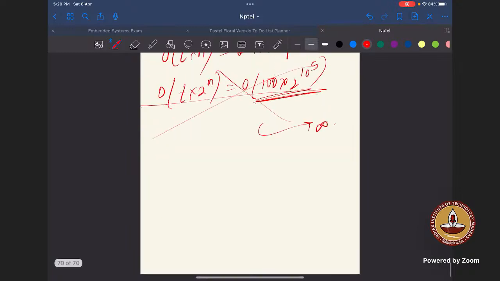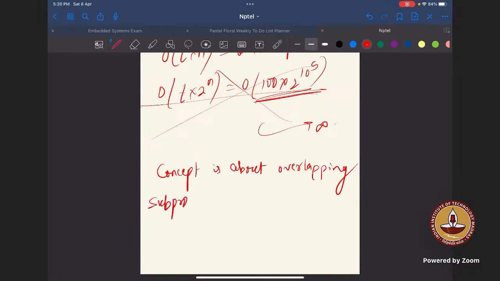So we now know that the concept is about overlapping subproblems, right?